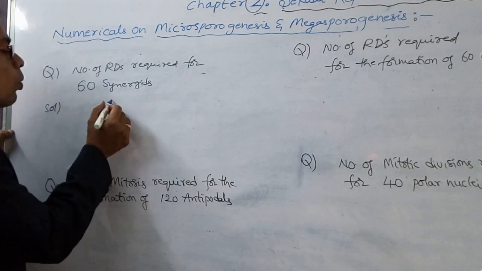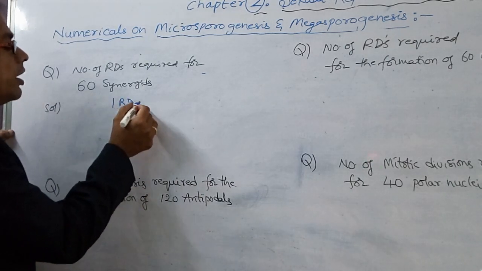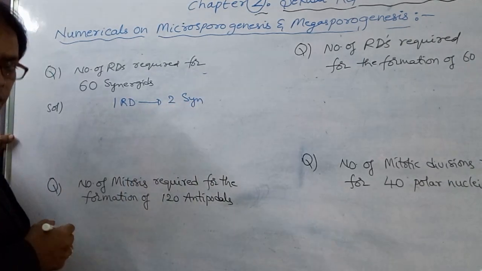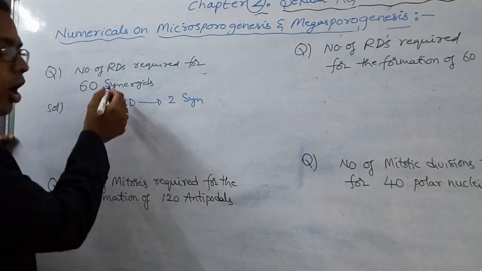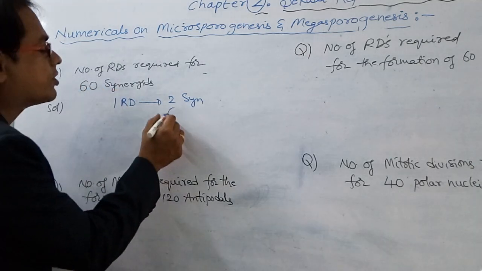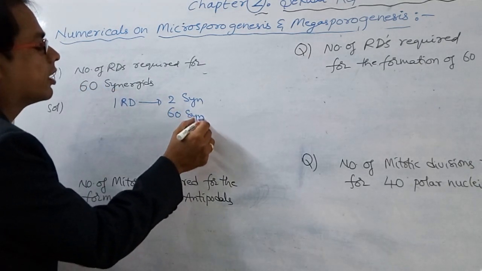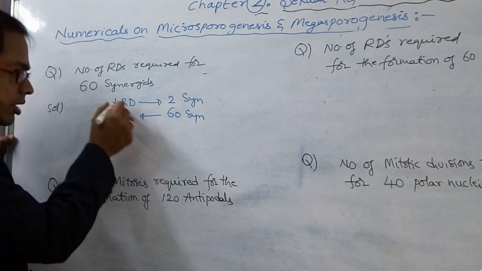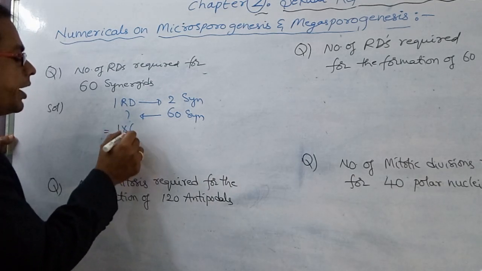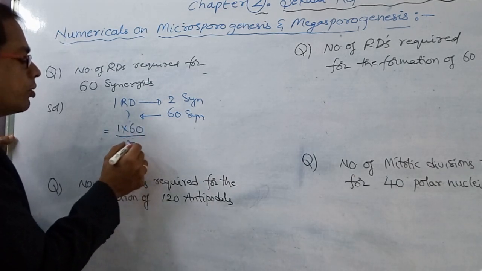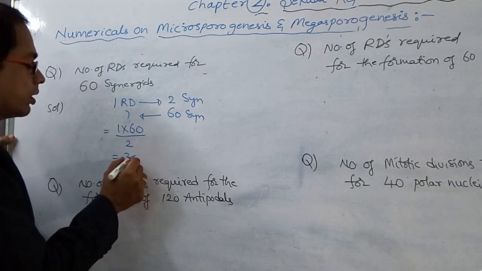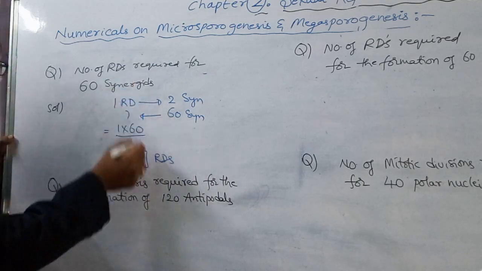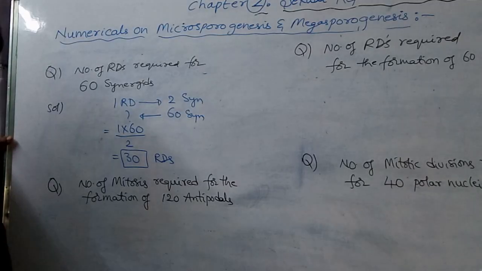So 1 reduction division is required for the formation of 2 synergids, isn't it? 60 synergids are given. How many RDs required? Cross multiplication: 1 into 60 divided by 2, that is equal to 30. 30 RDs. Did you understand, my dear students?